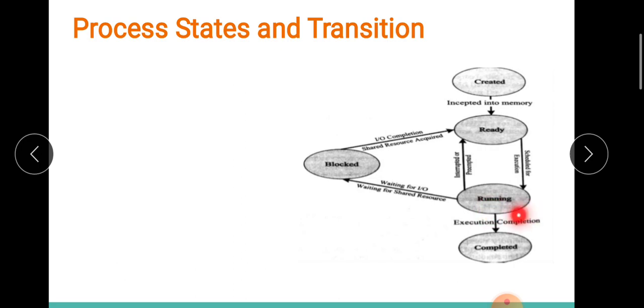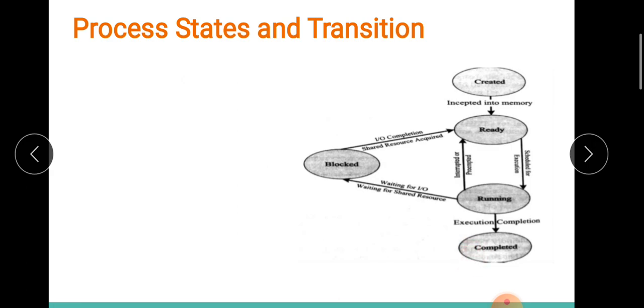Now, when a running process has been temporarily suspended, it enters the blocked state. And if the block has been removed, then it goes to the ready state, and again to the running state. Once the process has completed the execution, it reaches the completed state.